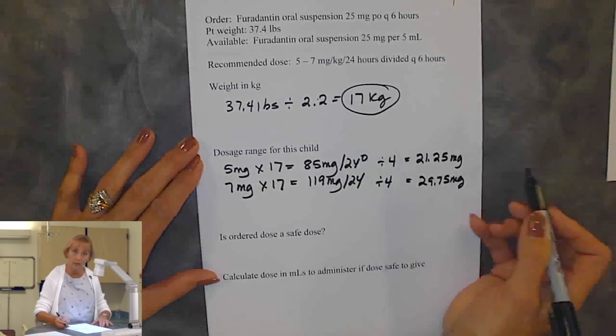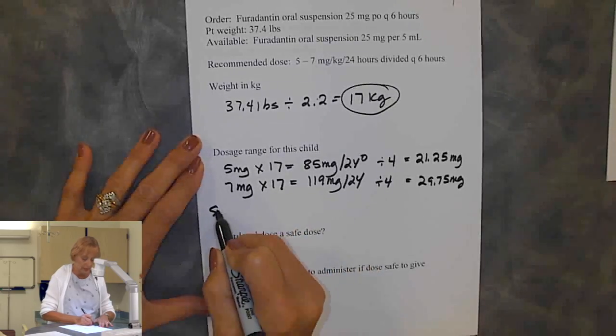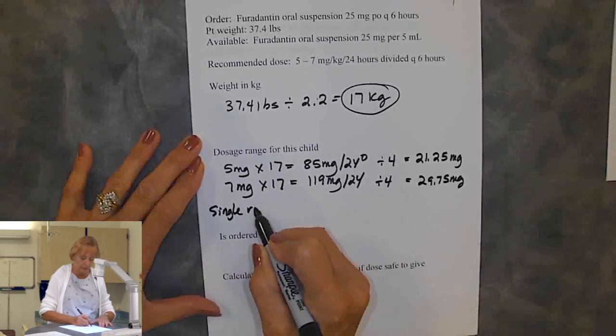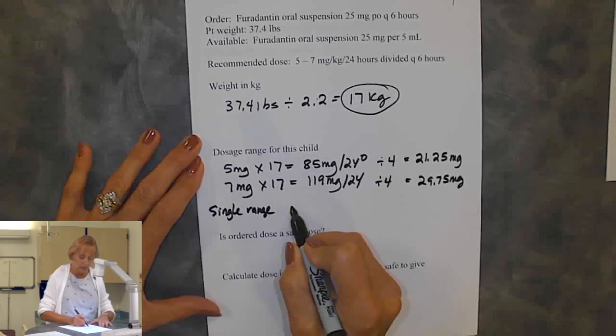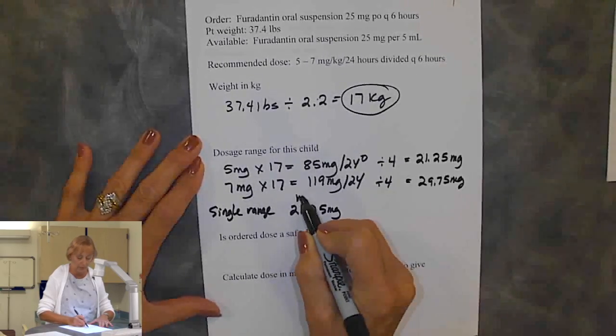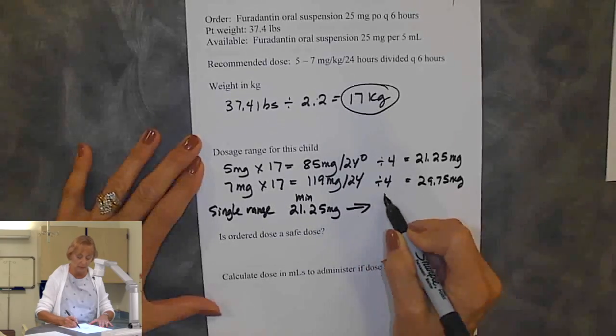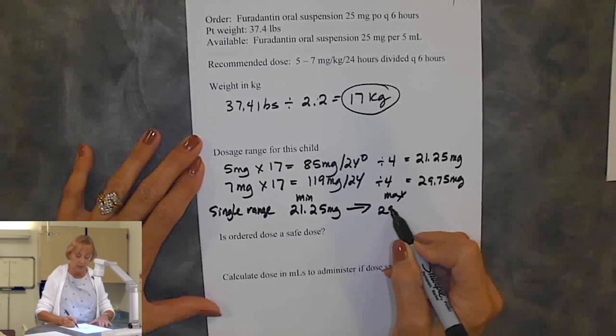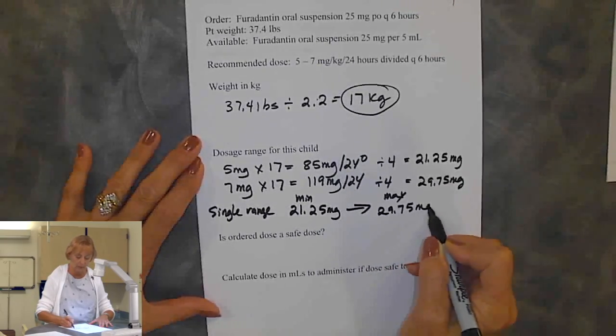So if you want to look at this on a scale, your single dose range is a minimum of 21.25 milligrams to a maximum of 29.75 milligrams.